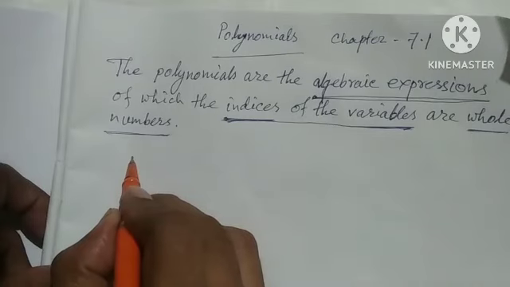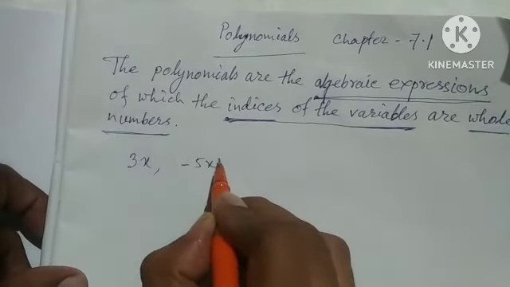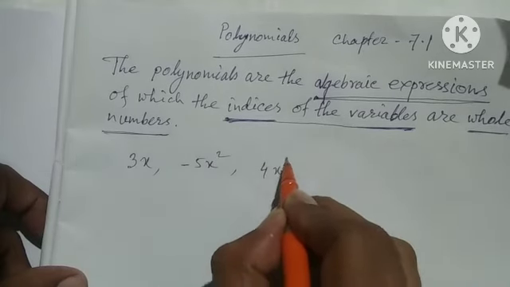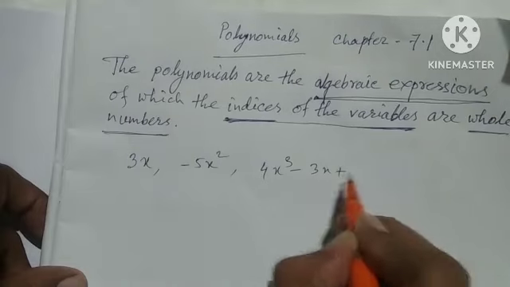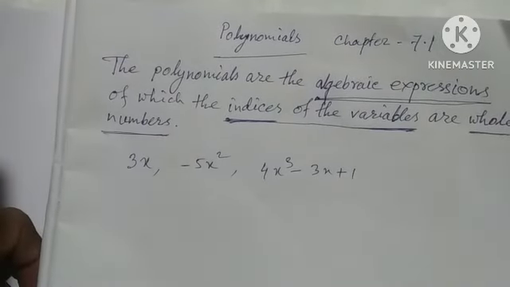Here 3x and minus 5x square, or 4x cube minus 3x plus 1, these are algebraic expressions.